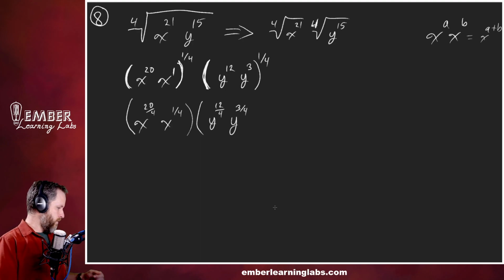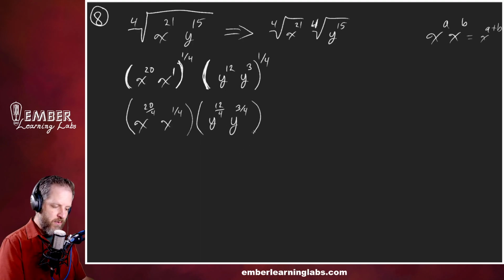So, excuse me. Let's see if we can walk a little bit further. So this would be x to the 5 times, I'm going to switch it to the fourth root of x. Switch it back. And then times y cubed times the fourth root of y cubed.